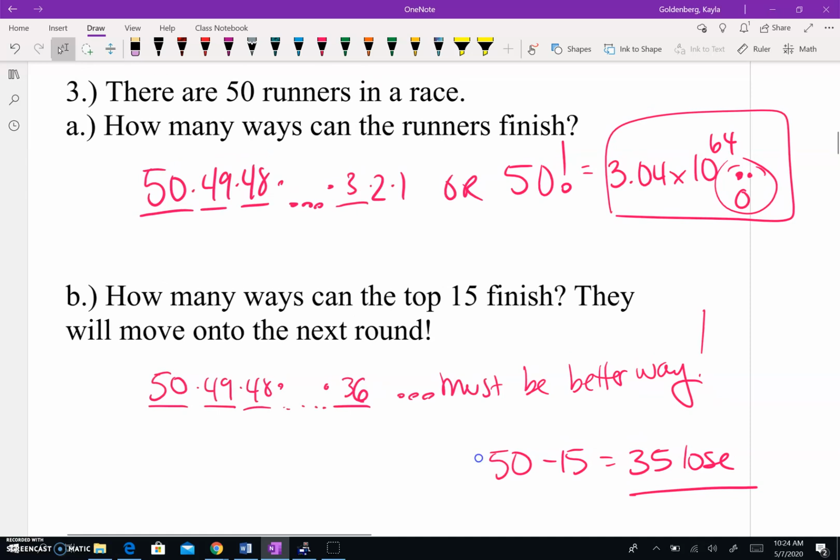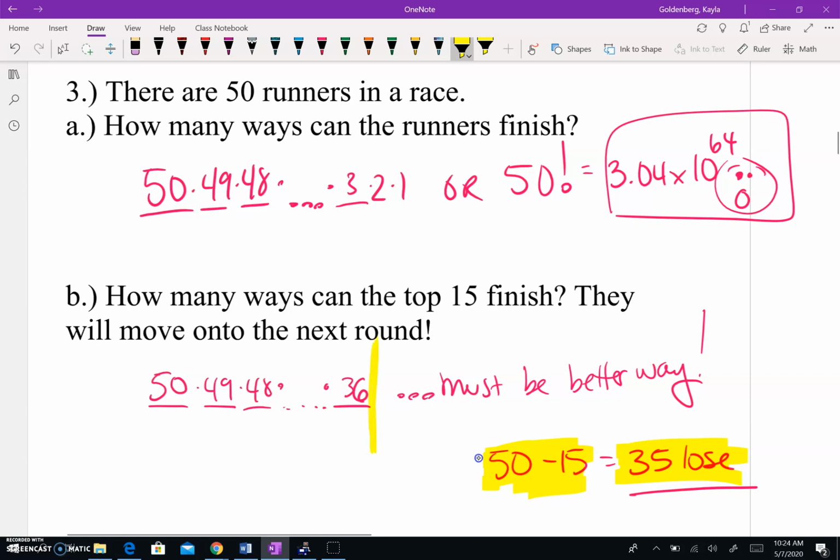Now, for part B, you kind of get to the point where you start thinking through what it would look like. I have 50 people who are in the race, and I want to think about the top 15, right? If I take away 15 out of 50, that means there's going to be 35 people who are losing this race. And so that kind of helped me think through the fact that 35 are going to lose.